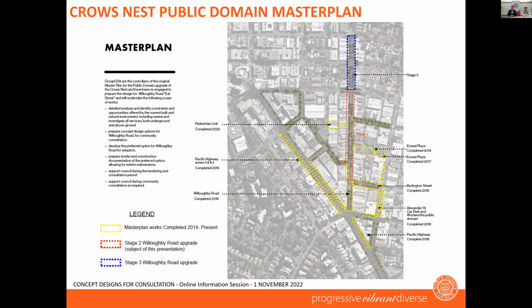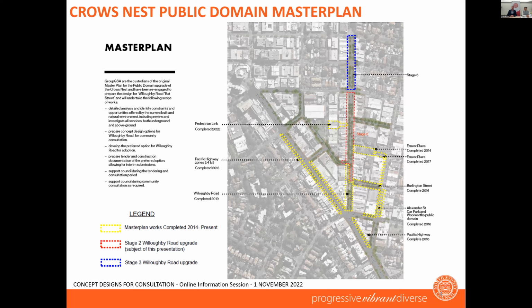We've already done stage 1 of Willoughby Road, which is the very front part of it, which was done in 2019. But then we stopped at roughly the Clark-Burlington Street intersections, because the next stage of Willoughby Road, which we're calling stage 2, is that really commercial core, that commercial heart of Crows Nest that has lots of outdoor cafes, restaurants, outdoor dining, but also a lot of other commercial activities.